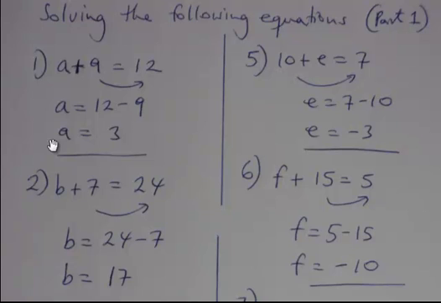To get the unknown, you subtract on both sides of the equation. So if there is addition, you subtract; and if there is subtraction, you add. Simple. And it goes on. But of course, we're going to come to that.